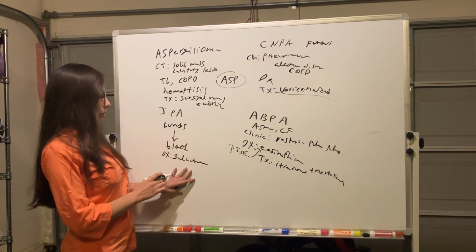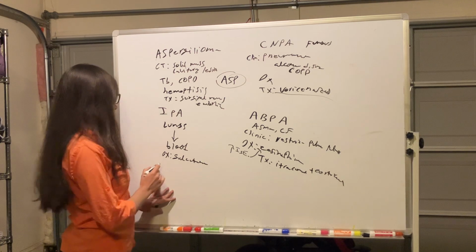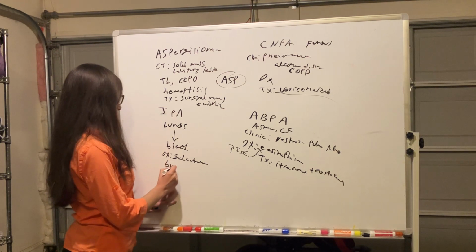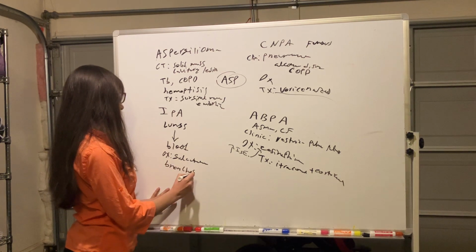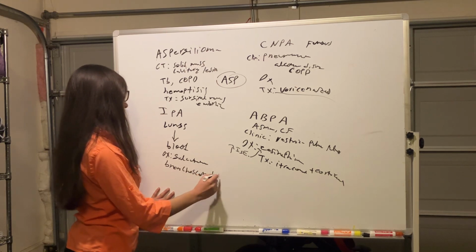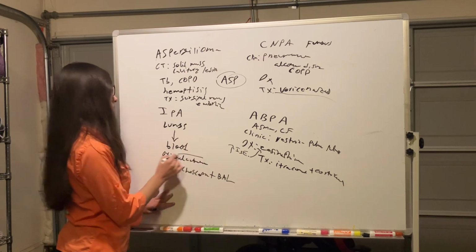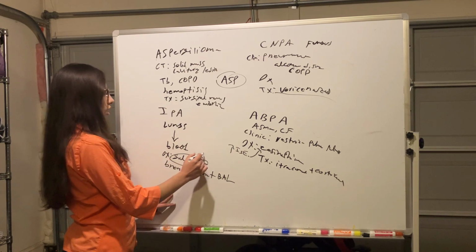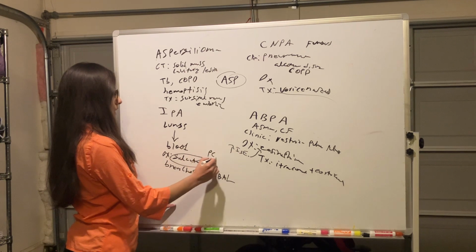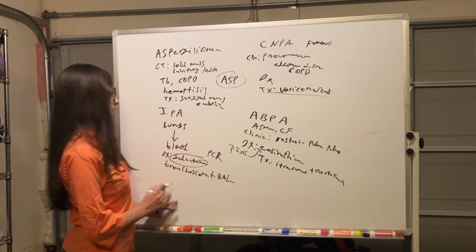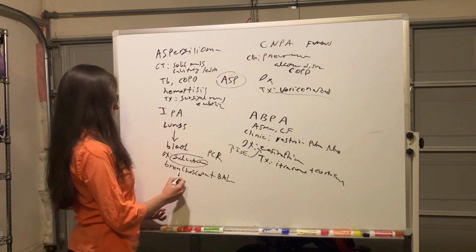If this is negative but the clinical suspicion is high, we can do a bronchoscopy with bronchoalveolar lavage to test for the galactomannan assay, or PCR for the Aspergillus, or we can do a lung biopsy.